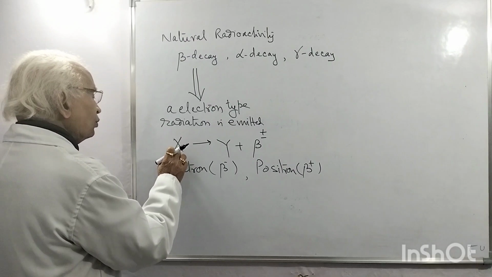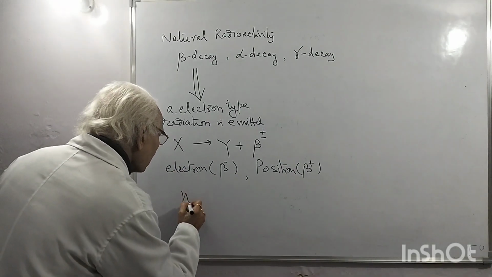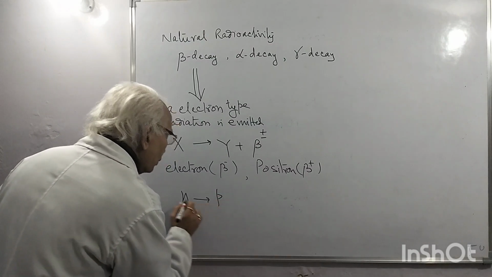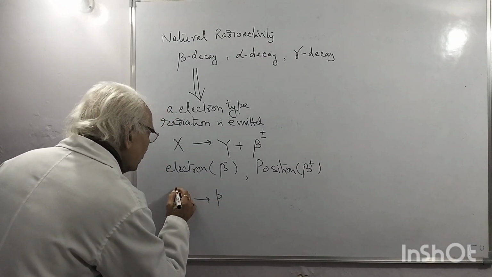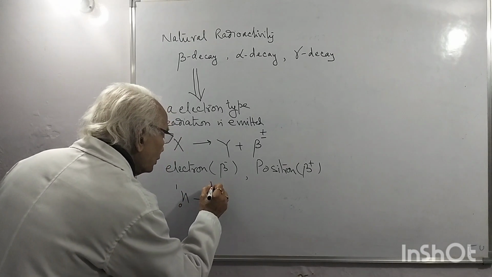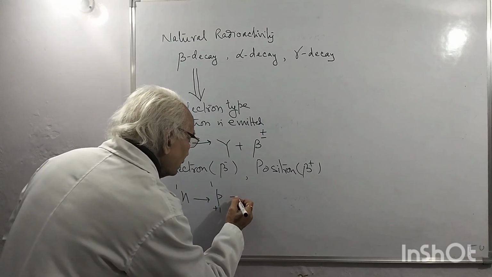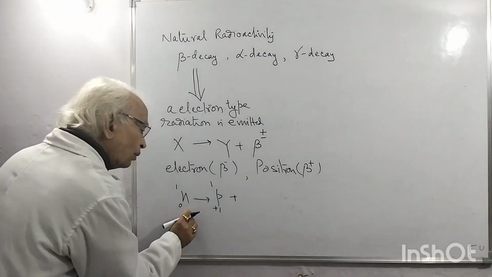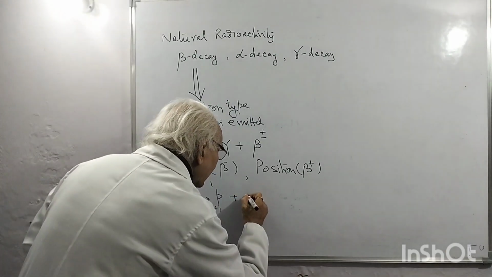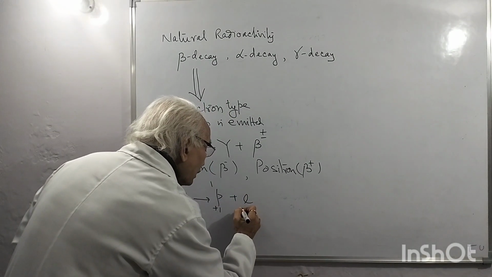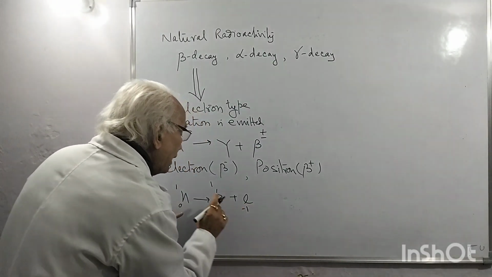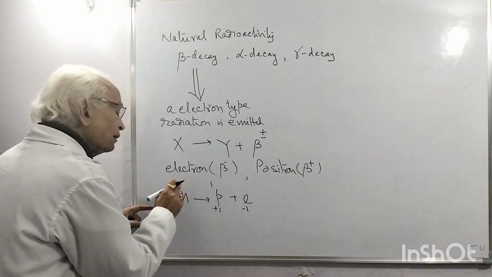So suppose a neutron of this X transforms to a proton, because neutron has zero charge and mass, say, 1 unit, and proton has 1 positive charge, mass also 1 unit. So remaining, the emitted particle, which I write as electron, must have a minus, because the neutron is zero charge, so it must have minus 1 charge. And its mass, 1 unit here, this also.